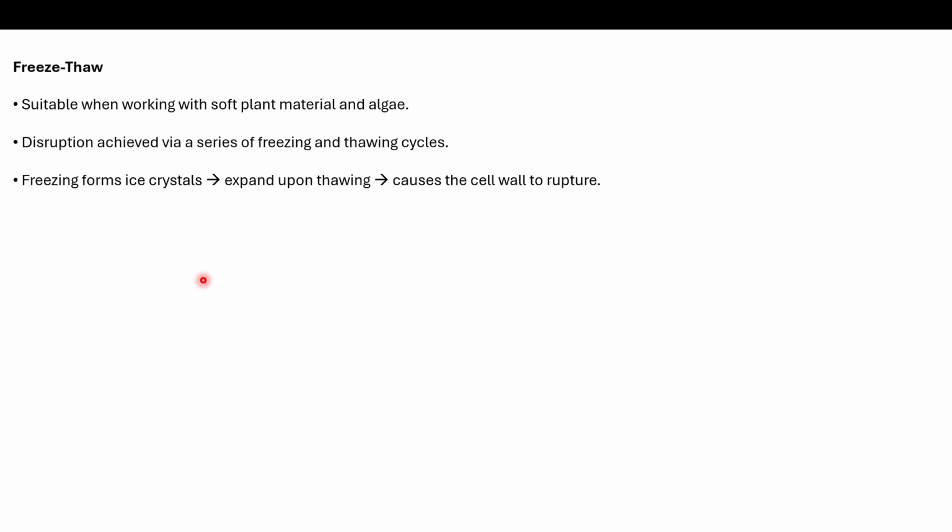So in the competent cell preparation step, if you guys remember, competent cells are very fragile.